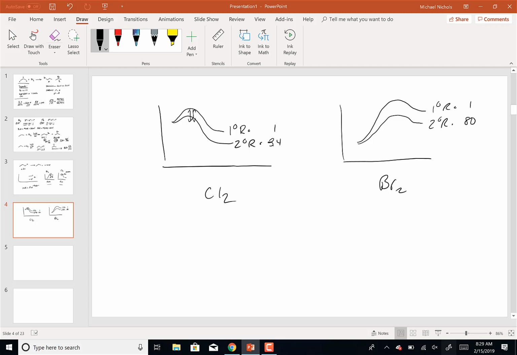Then we go to the big mountains, which is the bromination, because it's endothermic. So now hikers or birds with lots of energy are faced with two much larger mountains, of different sizes. They're still going to go over the smaller mountain faster, but now the rates are going to be different because those mountains are so much bigger.